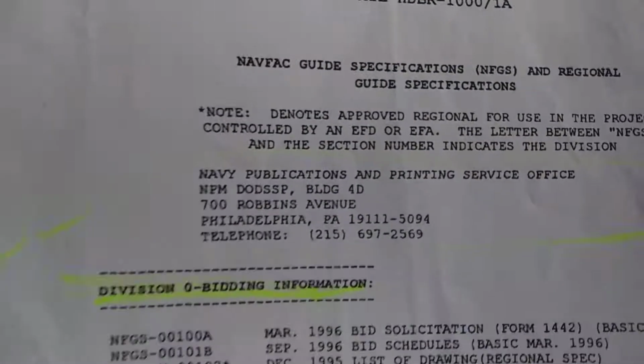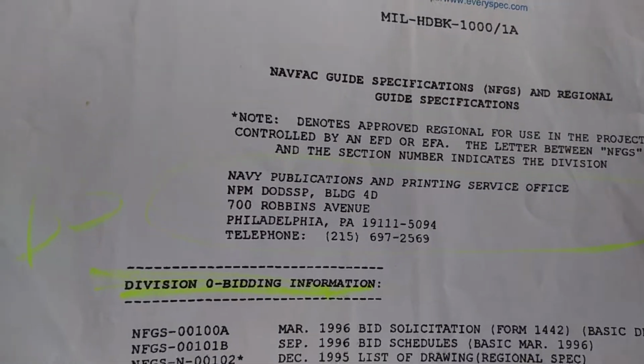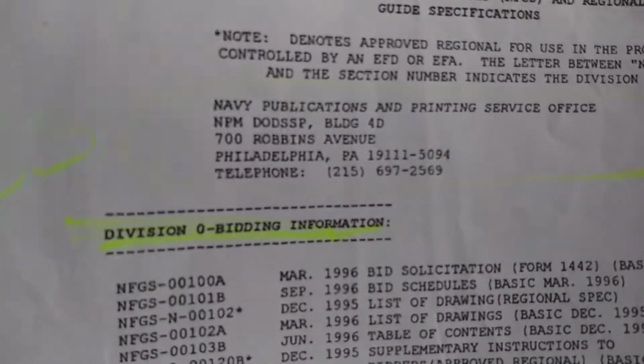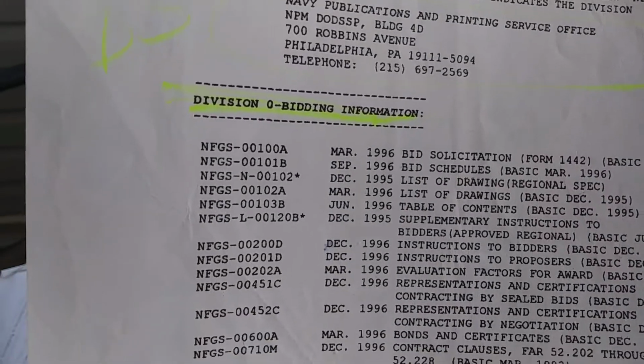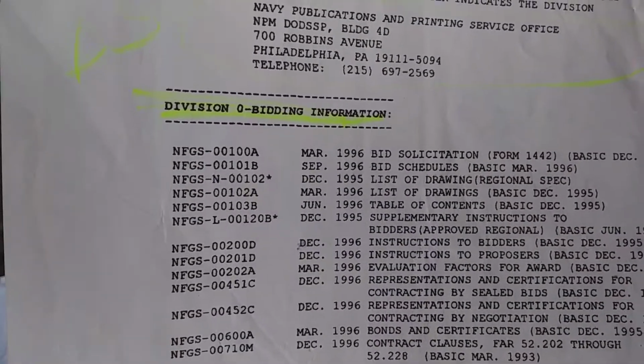And what we're going to talk about with your Navy guide specifications and regional guide specifications, this Navy publication printing service allows you to pay $5 for one disc filled with at least 5 of these, for every 5 of these specs you want.